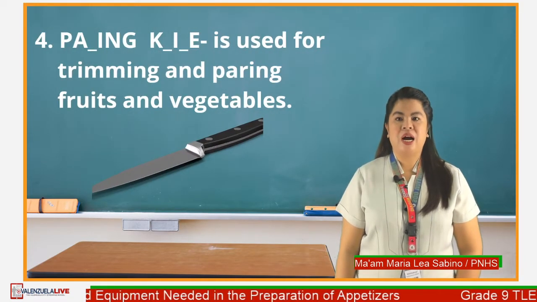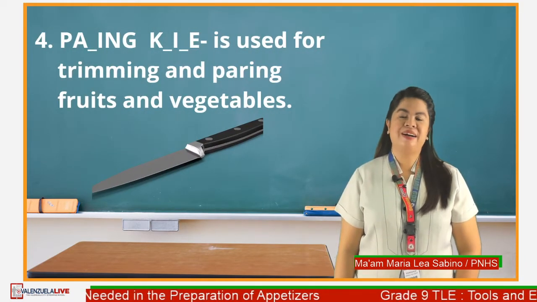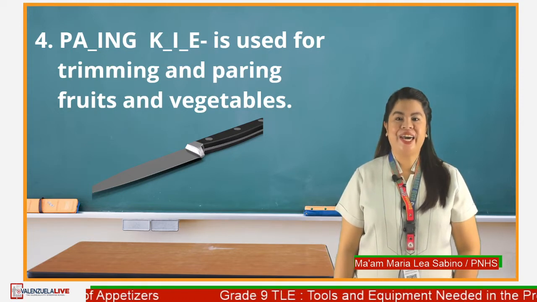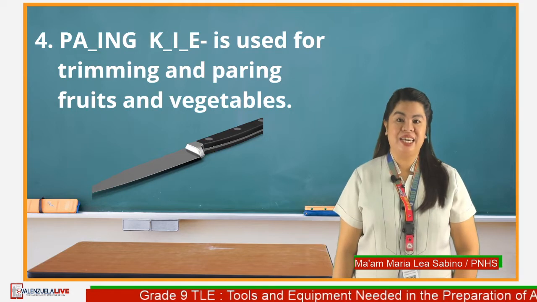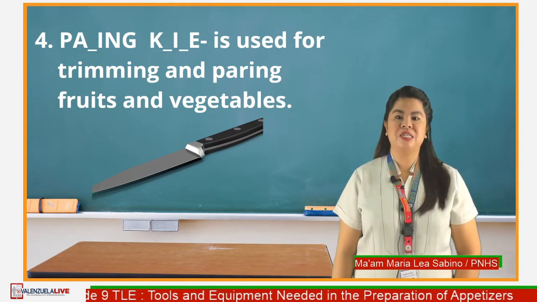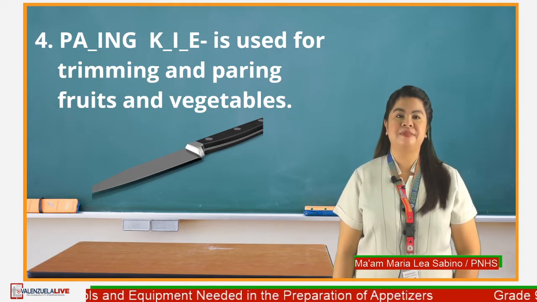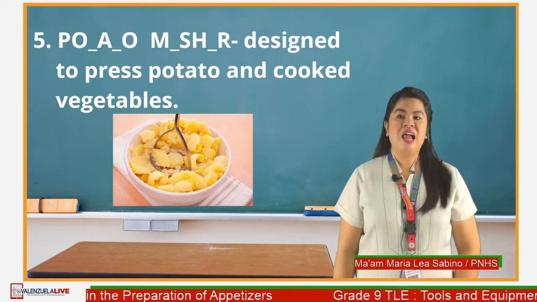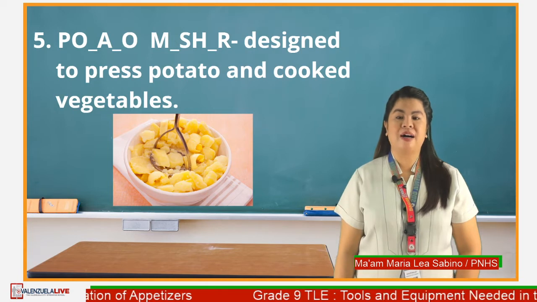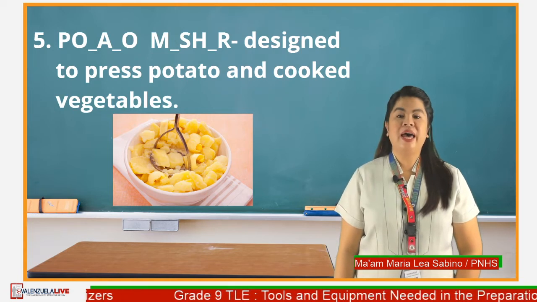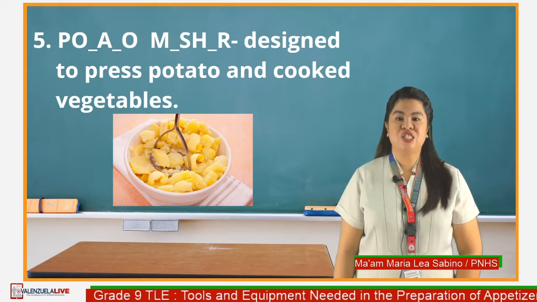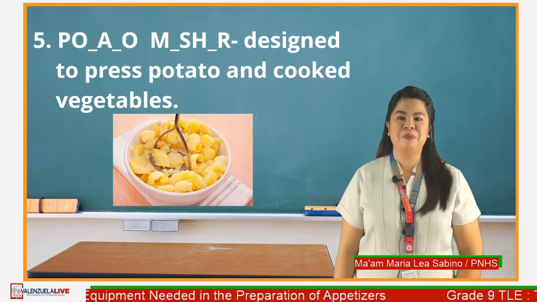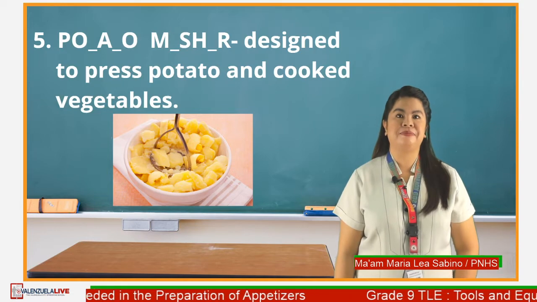Number 4, letters R, A, PA blank, ING, K blank, I blank, E is used for trimming and paring fruits and vegetables. And lastly, number 5, letters R, P, O blank, A blank, O, M blank, S, H, R blank, R designed to press tomatoes and cook vegetables.